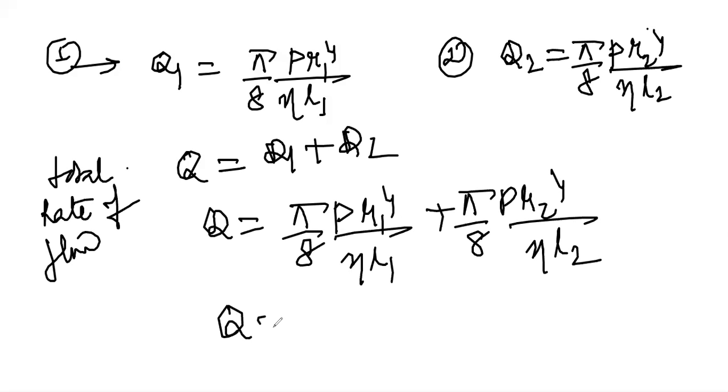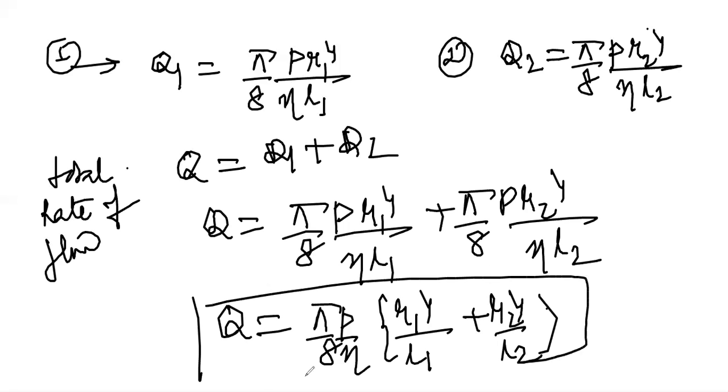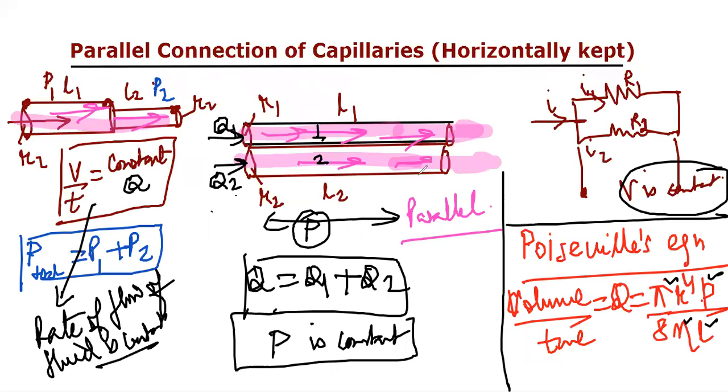You can write pi upon 8, and you can take P by eta constant. So you can take R1 to the power 4 by L1 plus R2 to the power 4 by L2. This is a very, very important expression for the total flow of the fluid through this parallel connection of capillaries.